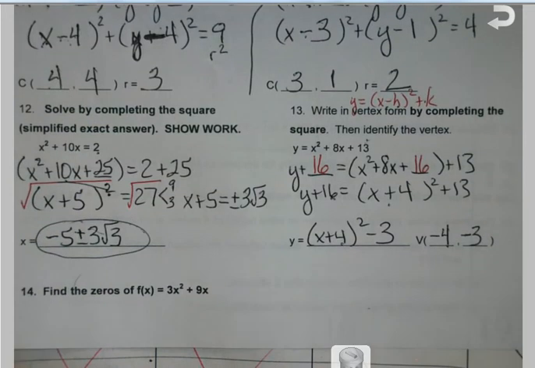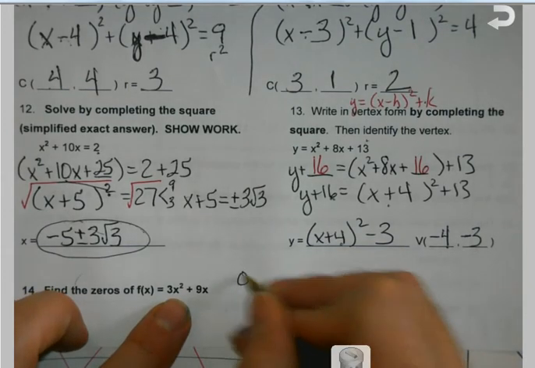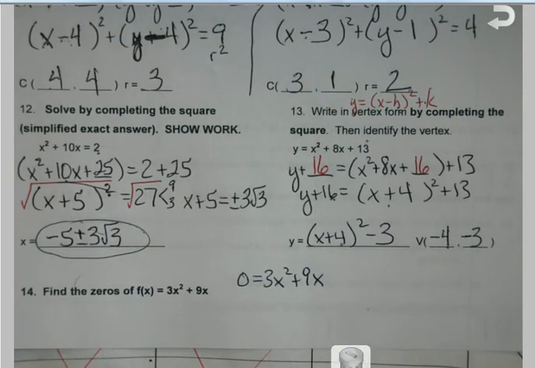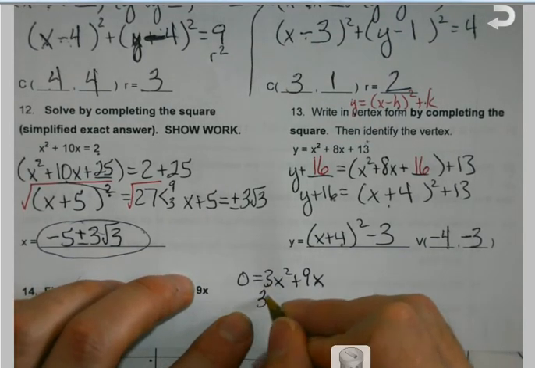And then find the zeros, choices. You can type this into your graphing calculator and find the zeros, but there's a faster way. If I'm looking for zeros, I'm looking to see when this is going to equal 0. Well, since I'm always going to follow the golden rule of factoring, since I never forget that, I know that I can take a 3 and an x out of each of these.